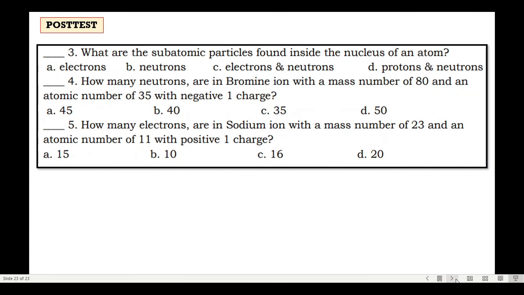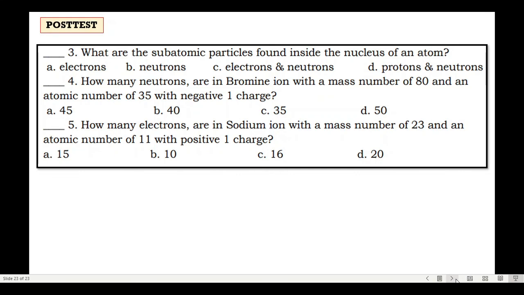Number 3. What are the subatomic particles found inside the nucleus of an atom? A. Electrons, B. Neutrons, C. Electrons and neutrons, or D. Protons and neutrons. Number 4. How many neutrons are in a bromine ion with a mass of 80 and an atomic number of 35 with negative 1 charge?